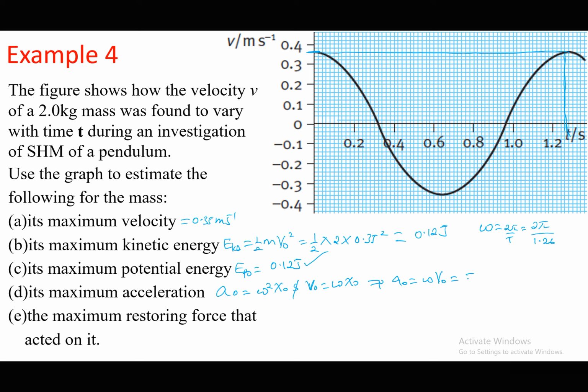So this is going to be equal to 2 pi divided by 1.26, then times 0.35, which gives me 1.7 meters per second squared. Yes, 1.7.